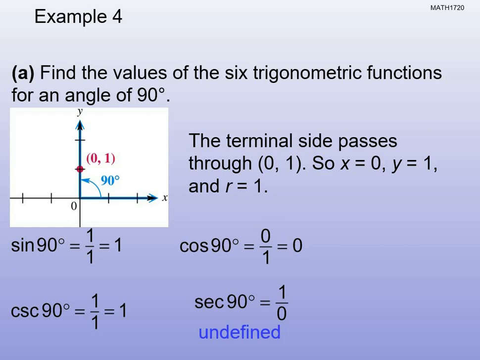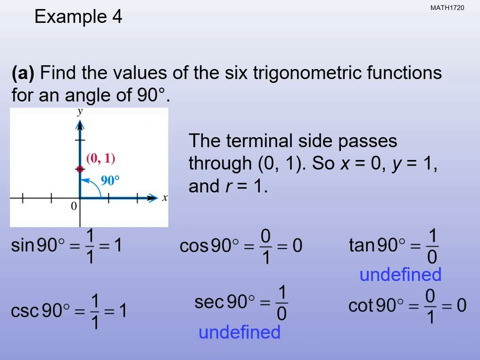So sine of 90 is 1, cosine of 90 is 0. The only thing that exists there is the sine value. Now, tangent of 90 is undefined. Okay? We have a vertical, but we don't have a horizontal. So 1 divided by 0 leaves us undefined. However, cotangent of 90 is 0 divided by 1, which is 0. So you should know the quadrantals for 90.